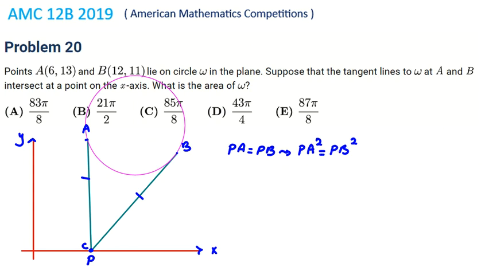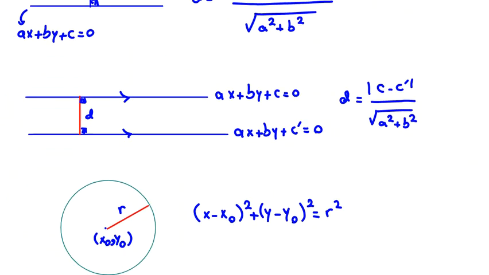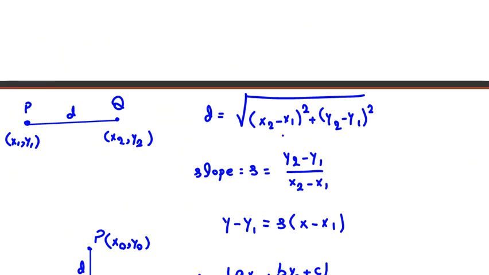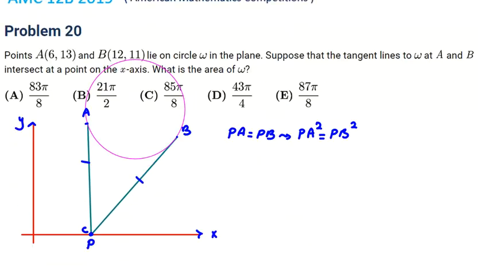I told you the distance formula: d equals the square root of (x2 minus x1) squared plus (y2 minus y1) squared. So PA squared is (C minus 6) squared plus (13 minus 0) squared, which equals PB squared, (C minus 12) squared plus 11 squared.